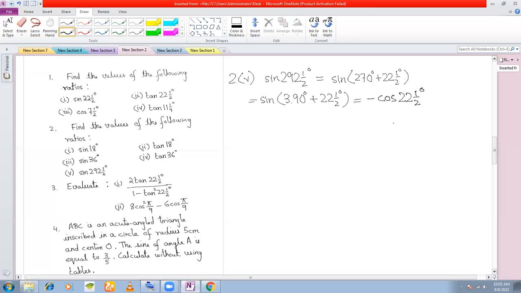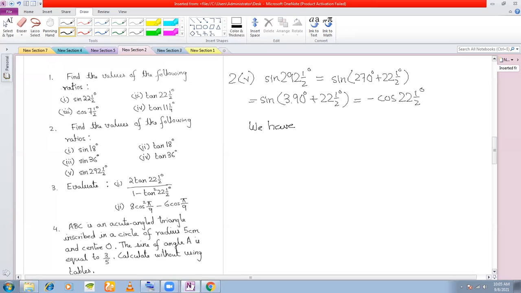Okay, and cos 22.5, I think we have already found out earlier. Sine 22.5 we had found out. Let's see how to find out cos 22.5.